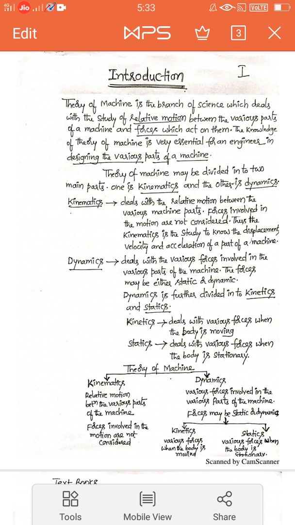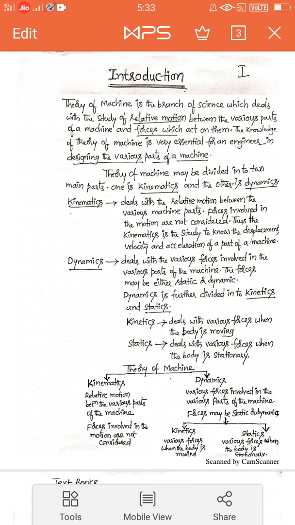Understood? It is a theory of machine which deals with two things, namely, one is the study of relative motion between the various parts of a machine, and the other one is the forces which are involved in the motion of each and every part of a machine.